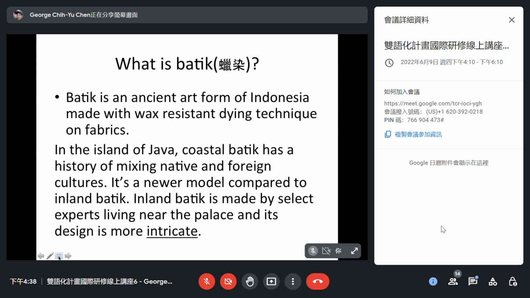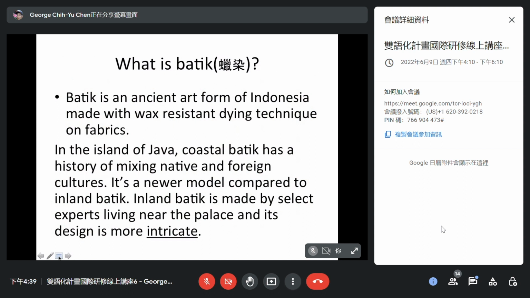So coastal batik has a history of mixing native and foreign cultures. Because being on the coast, there are ships coming and going, and the ships will bring foreign motifs and designs, and this will integrate with the local design and create its own kind of pattern.